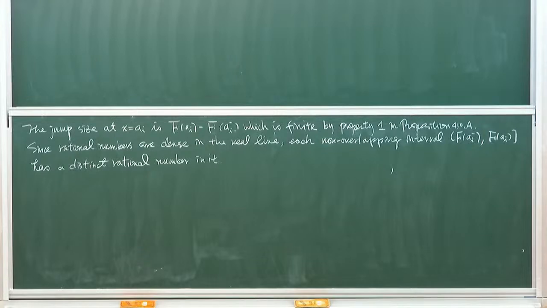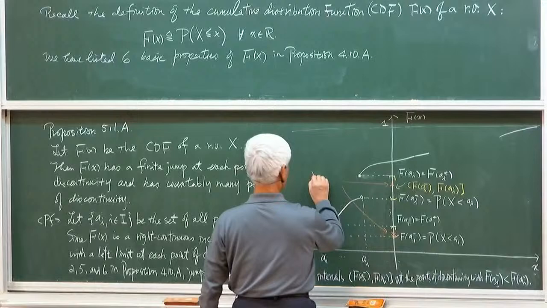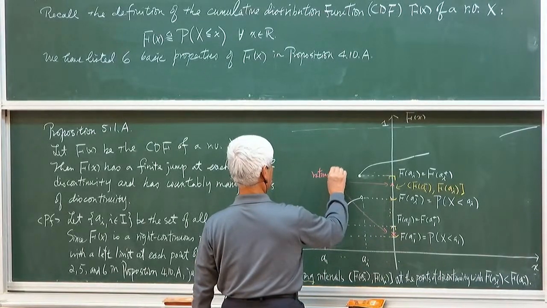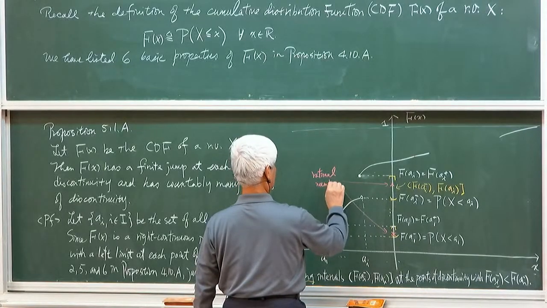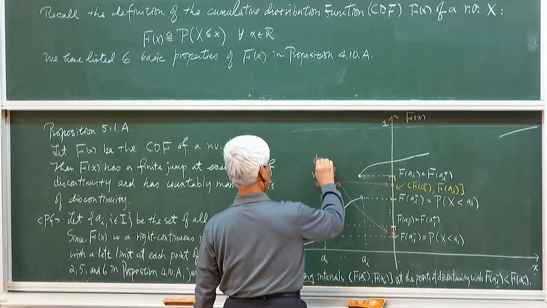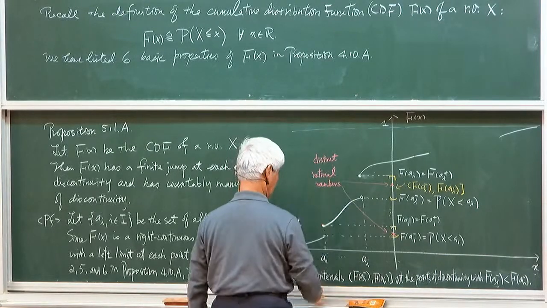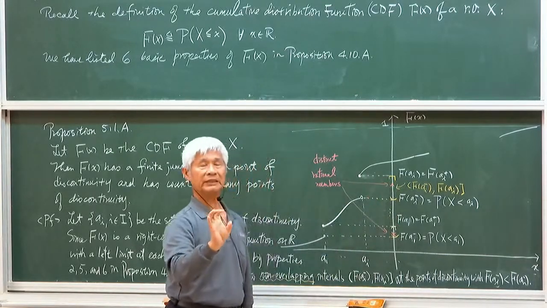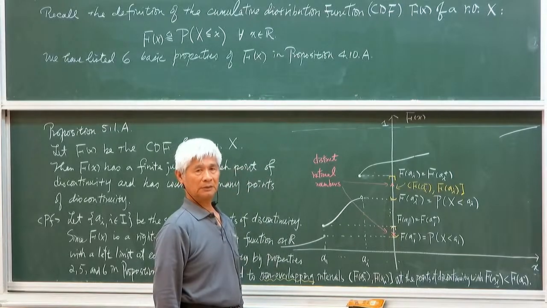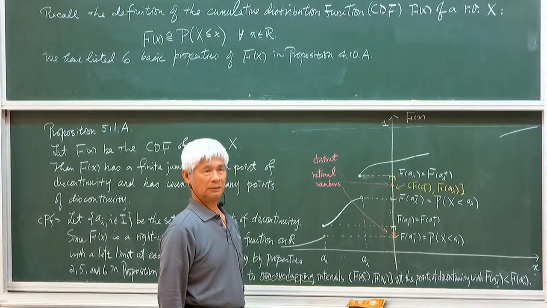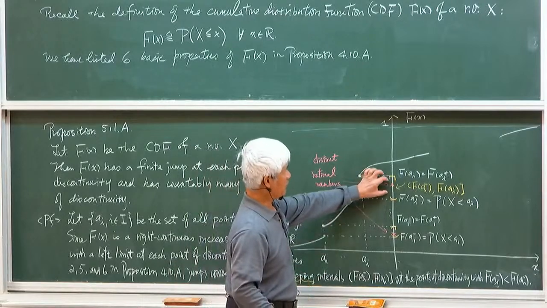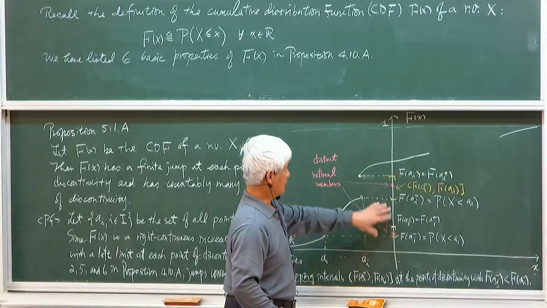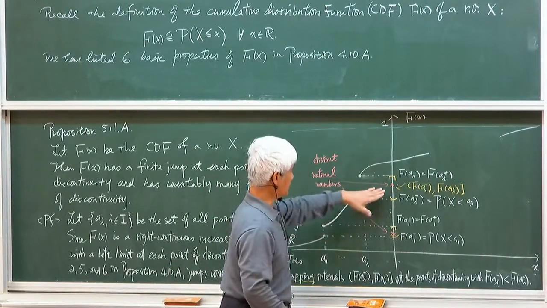Actually, there are infinitely many rational numbers, but we just pick one. And they must be distinct, because they are in non-overlapping intervals.